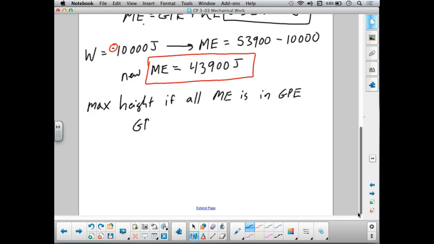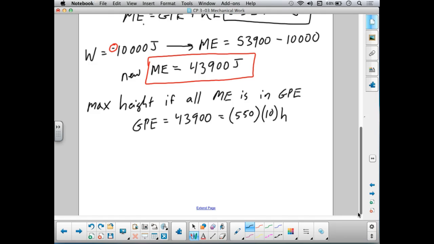So I'm going to set my GPE equal to 43,900 joules. I'm going to spend all my energy available on height. And we know that GPE equals mgh, so 550, 10, and height is unknown.